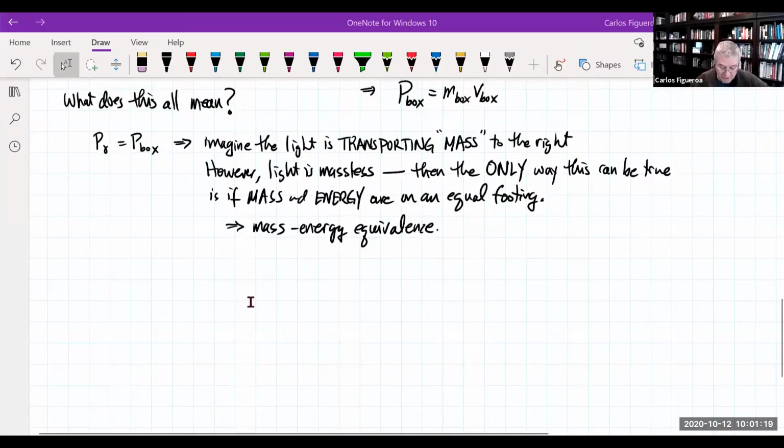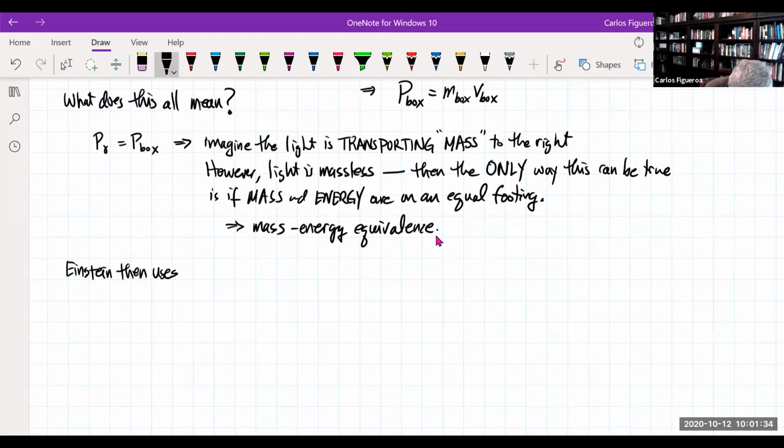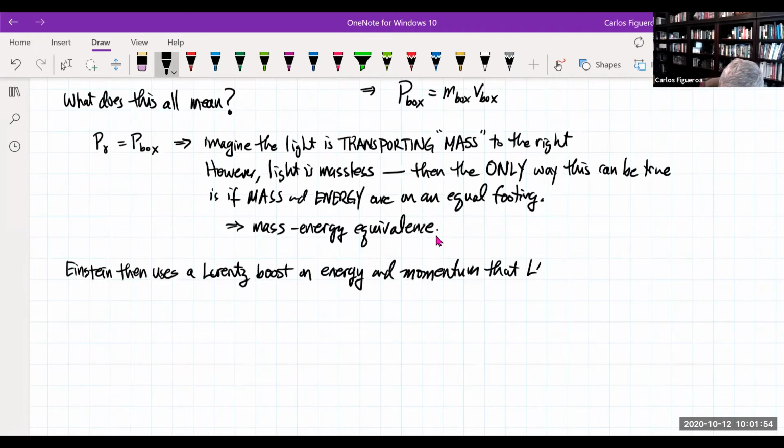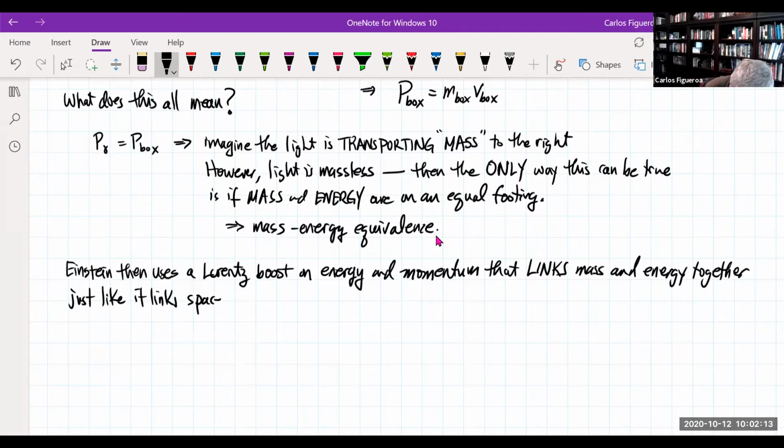So to trust his intuition, what does Einstein do? Einstein then uses a Lorentz boost on energy and momentum that links mass and energy together, just like it links space and time.